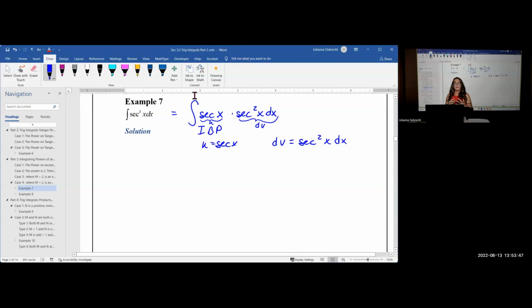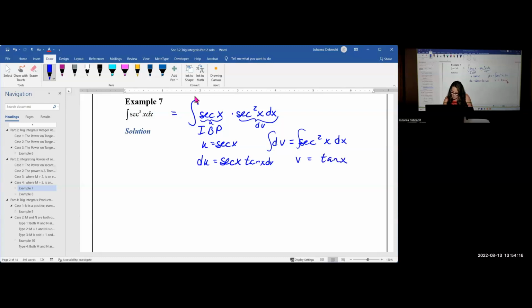Now remember what the pattern is for integration by parts. You take the derivative of the u side and you integrate the dv side. So the derivative of u, abusing the notation to swing the dx around, gives me secant x tangent of x dx. Now when I integrate secant squared on the 2 sides, I get v is equal to tangent of x.